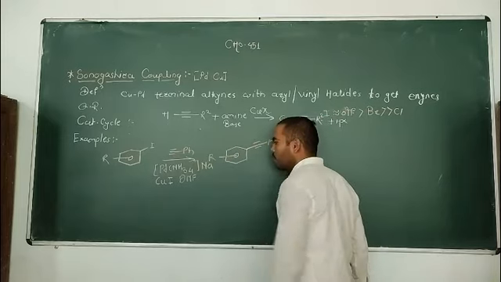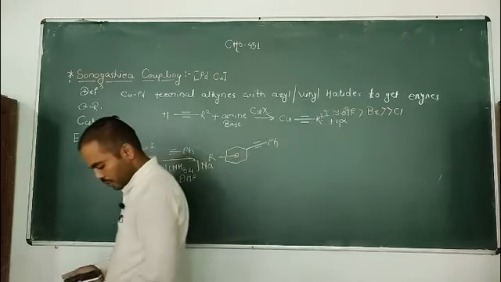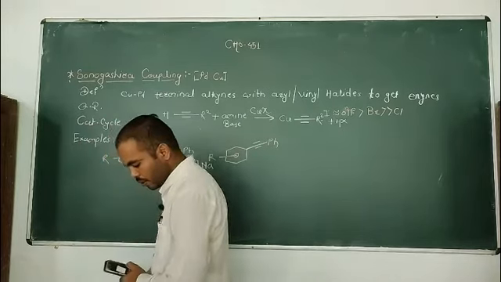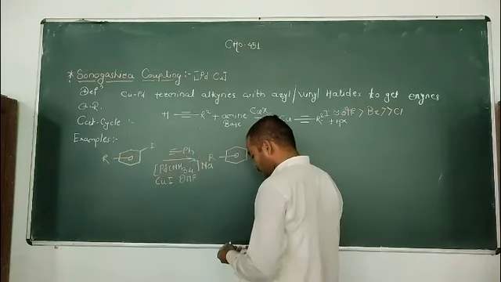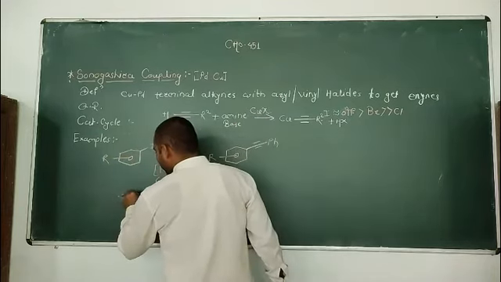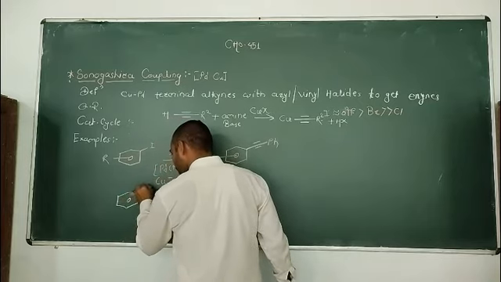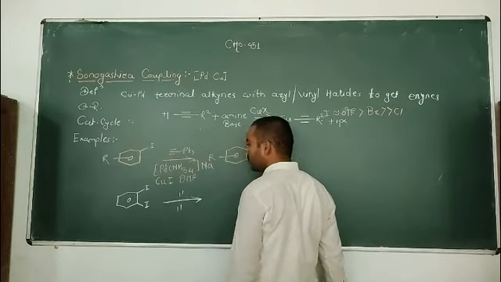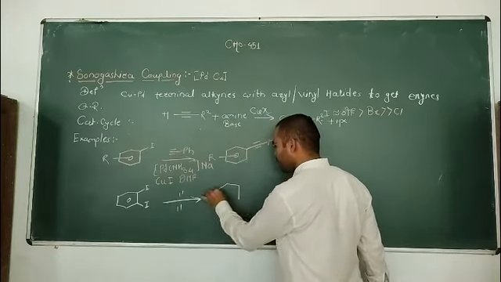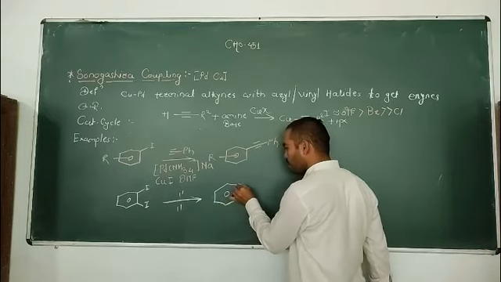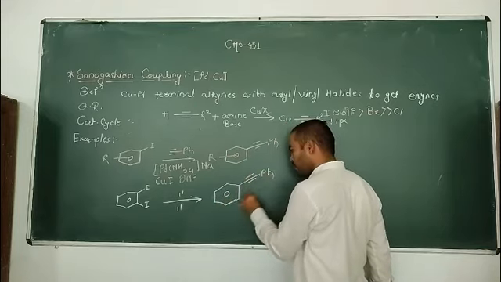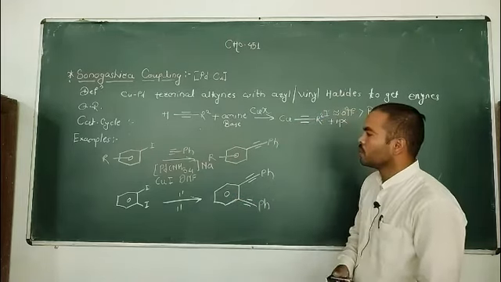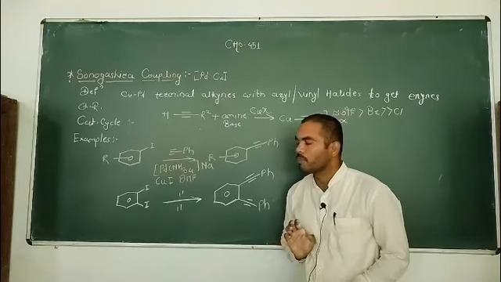And here the R group remains as it is with its position. Now another example related to this: a 1,2-disubstituted iodobenzene is there. With the same conditions, the product will be like this. So these are the examples related to our Sonogashira coupling reaction.